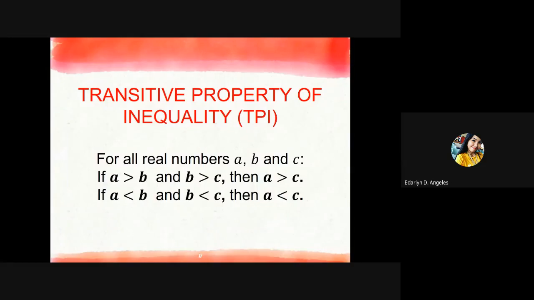That states that for all real numbers A, B, and C, if A is greater than B and B is greater than C, then A is greater than C. And another, if A is less than B and B is less than C, then A is less than C. How does it work?